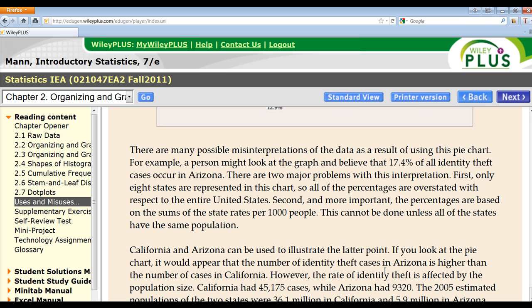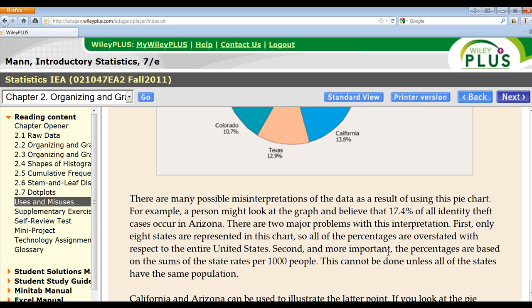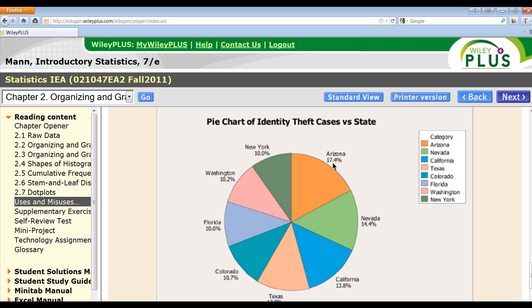Second, and more important, the percentages are based on the sums of the states' rates per 1,000 people. This cannot be done unless all the states have the same population. This is 17% of Arizona, but Arizona has a lot fewer people than California. 13% of California's population is a much greater number of people than 17% of Arizona's.